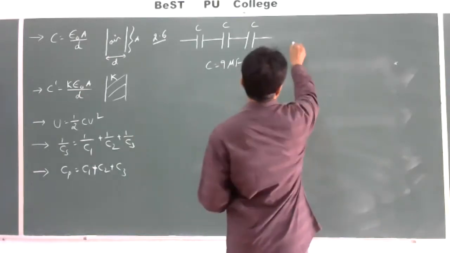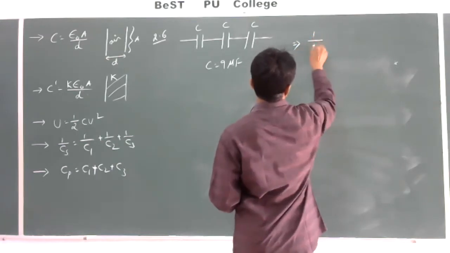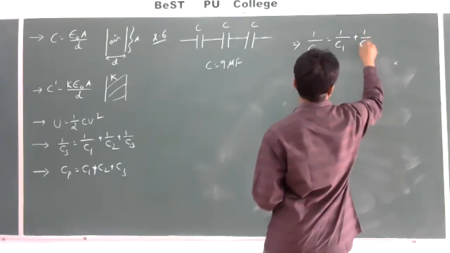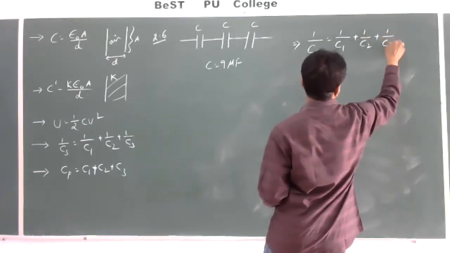The formula to find the effective capacitance is 1 by Cs is equal to 1 by C1 plus 1 by C2 plus 1 by C3.